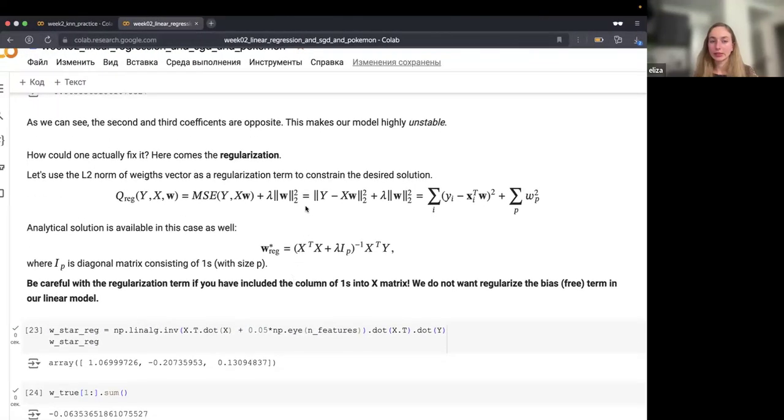And in this expression, it's our analytical solution. We can add a regularization penalty to fix the next problem. If you have correlated features, your X transpose X matrix could be close to singularity.